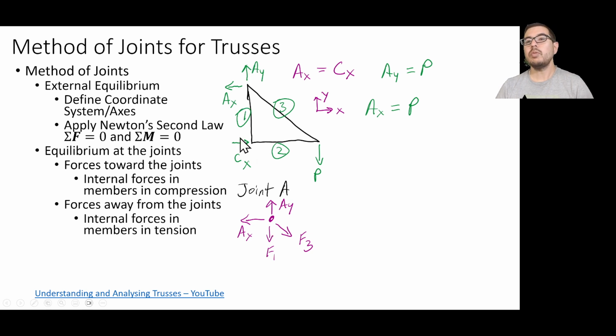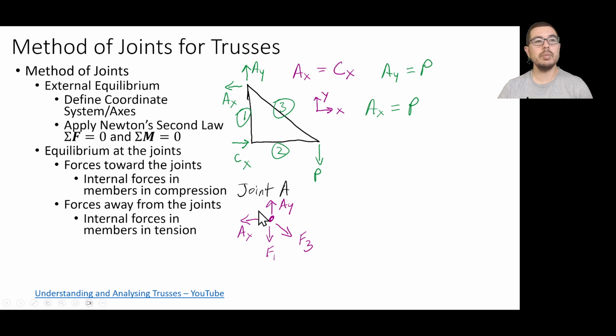Now, a little more confusing is what are the forces from these members acting on that joint? If we draw the forces away, which actually we have a choice here, we could draw them the other way if we want. But if they're drawn away, that means that we are hypothesizing that if F1 and F3 in these cases would be positive, then these members would be in tension.